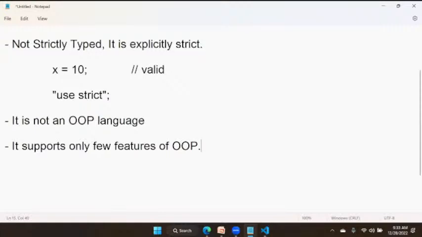Now tell me, what is the advantage of being an OOP language? What are the features of object-oriented programming?